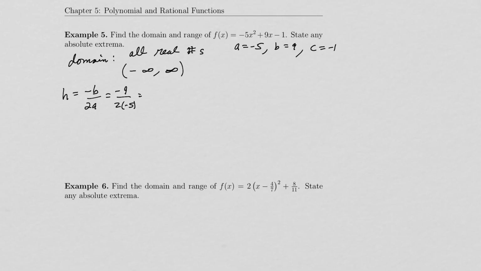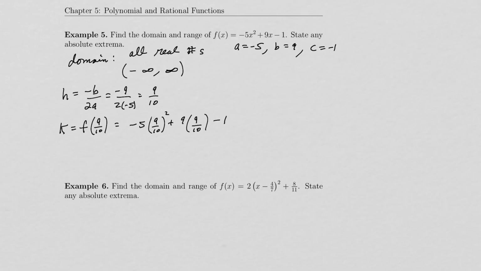That's kind of messy. Okay, so it'll be positive 9/10. And then if I want to find k, that's going to be the function evaluated at h, right? Evaluated at 9/10. So this would be negative 5 times (9/10) squared plus 9 times 9/10 minus 1.